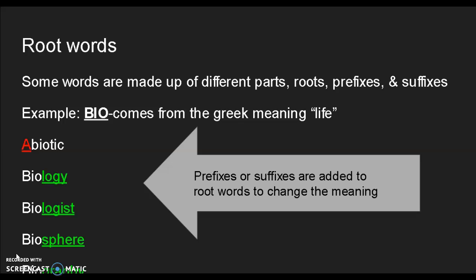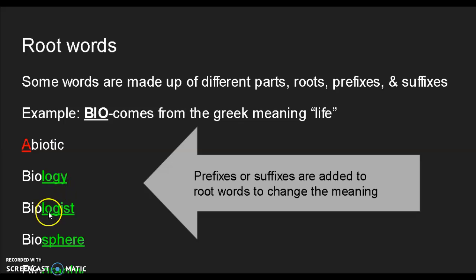And what we can do is add a prefix or a suffix to that root in order to change the meaning. For example, we could add the prefix a to biotic, which now makes this word mean non living. We could add the suffix ology, which now makes this word mean the study of life.